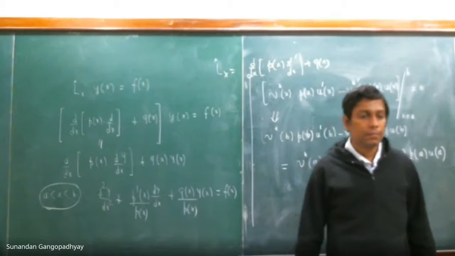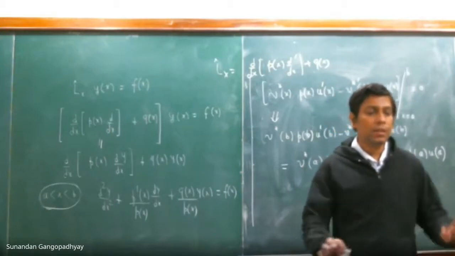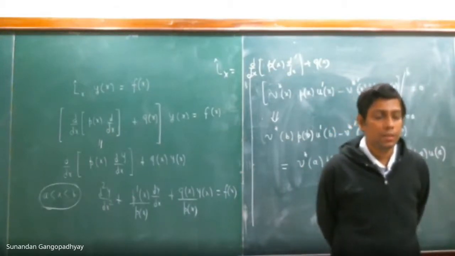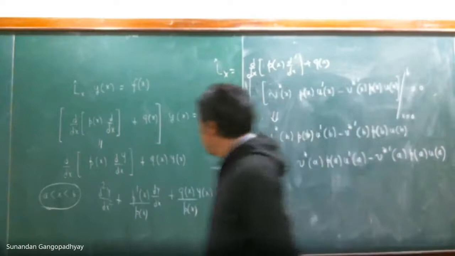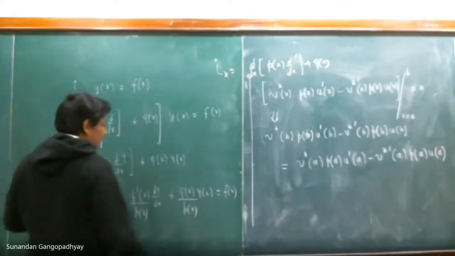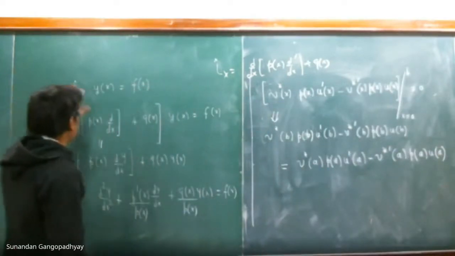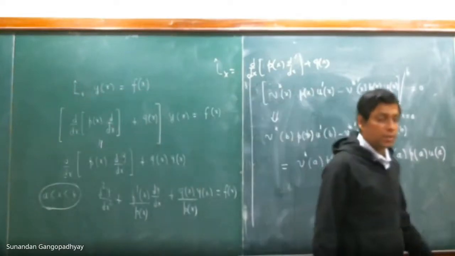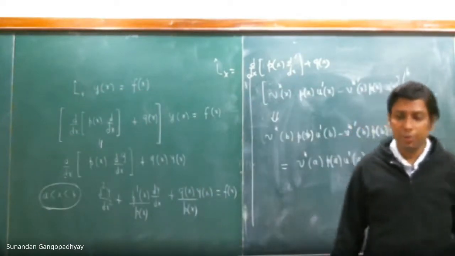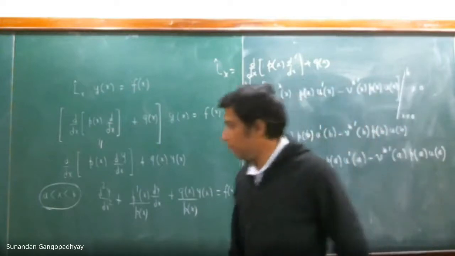Have you seen Green's function in electrodynamics? Yes, sir. Okay, good. So another technique to solve such kinds of differential equations is to apply the Green's function technique and obtain the Green's function of the problem, and then you can get the solution of the problem once you have the Green's function.